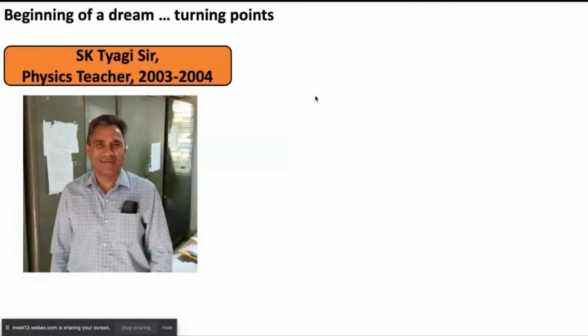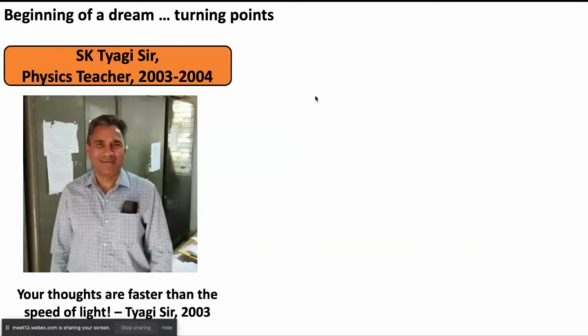He asked me, is there anything that is faster than the speed of light? And I said, I don't think so. He said, well, close your eyes and go to Saturn. So I closed my eyes, and I was circling around the planet Saturn. Then I opened my eyes, and he said, well, your thoughts are faster than the speed of light.